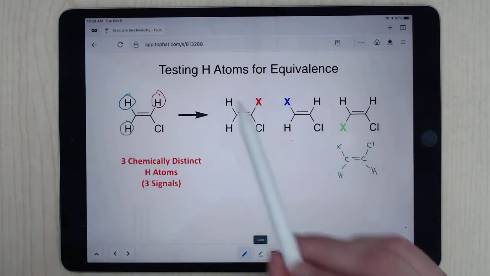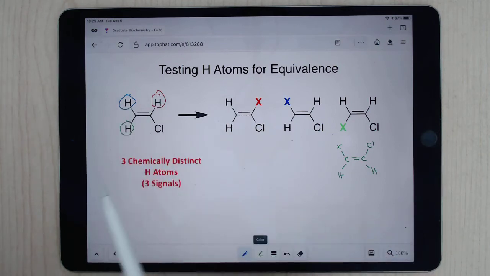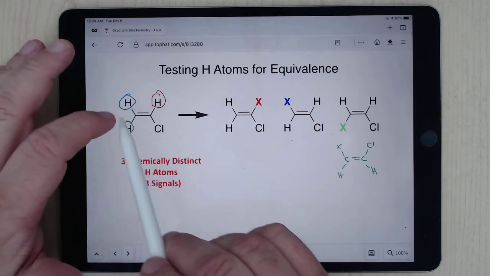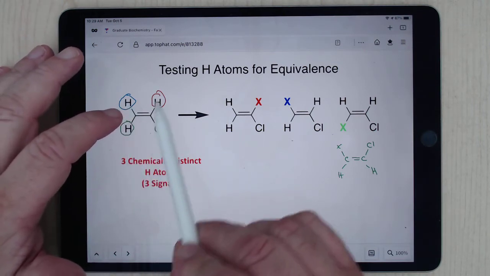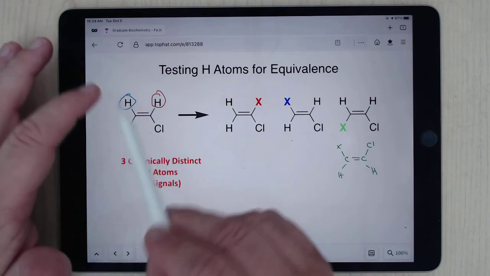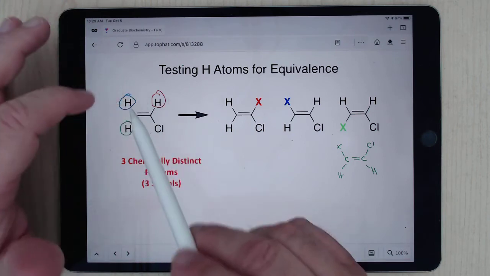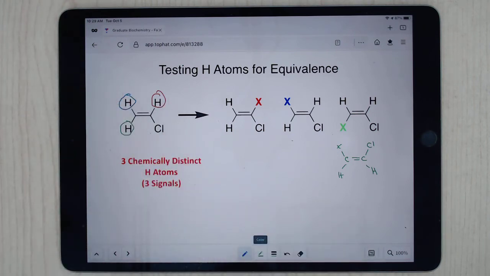So each one of these hydrogens is distinct, and it's caused by the fact that there's no free rotation around that bond. So if this was a CH3 and a single bond and a CH2, then we'd only have two signals, the CH3 and this CH2 here. But since we're locked into place, we would get three distinct signals, one for each of the distinct hydrogens.